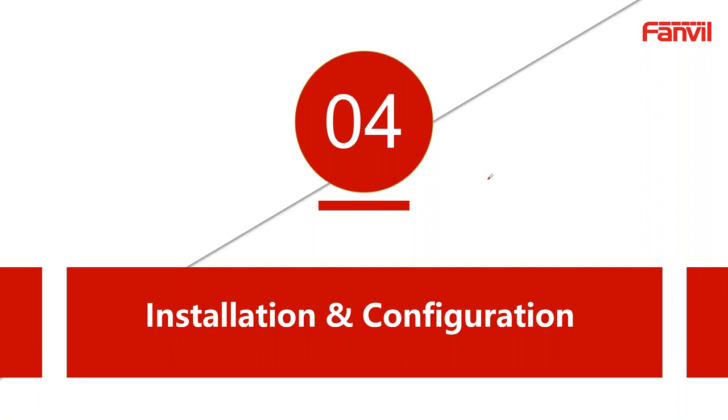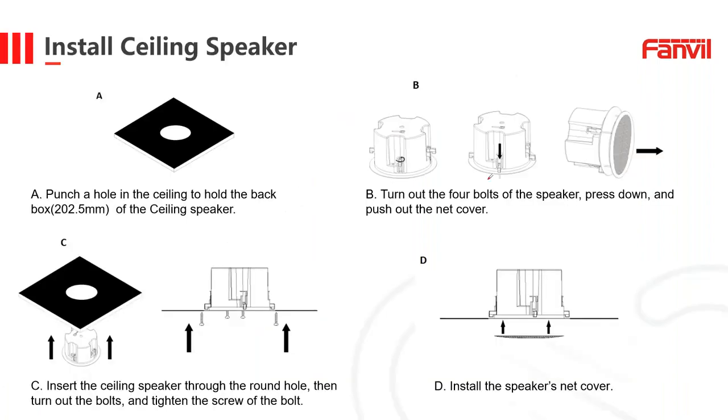And next, I want to introduce how to install and configure those devices in the solution. So the first one is the ceiling speaker. First, you can punch a hole in the ceiling to hold the back box of the ceiling speaker, and then you can turn out the 4 boards of the speaker, and you can press down, and the net cover will be pushed out.